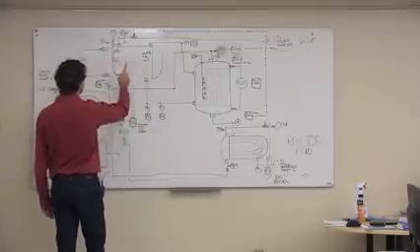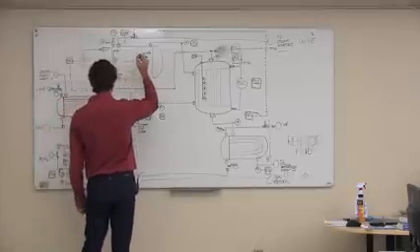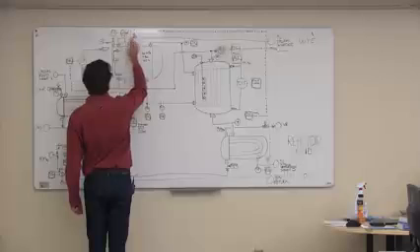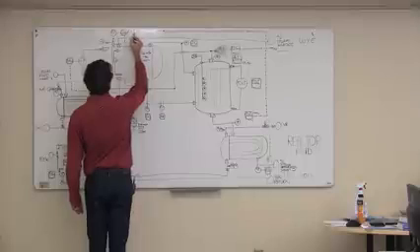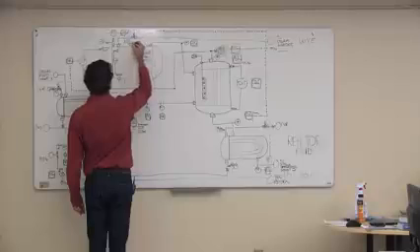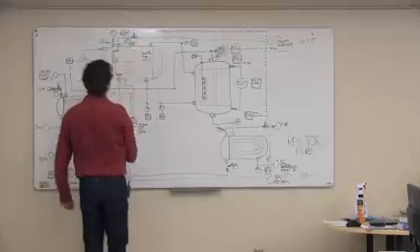We know what the flow rate in is. We don't have the flow rate out of here. We actually might want to know what the steam flow rate is. So this might be a case where you could create a cascade loop here as well. And an FI in the DCS there.